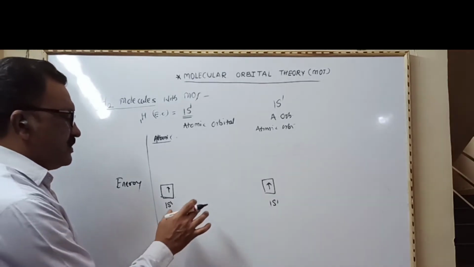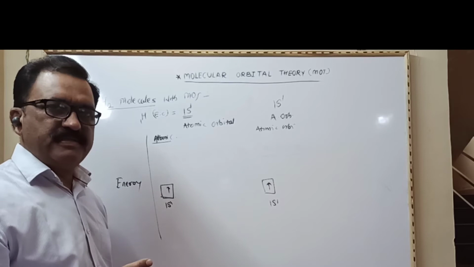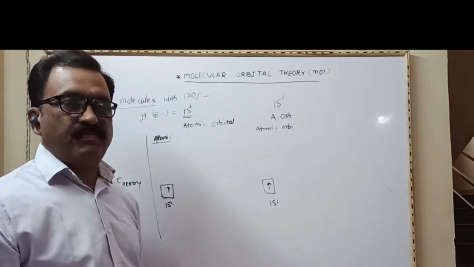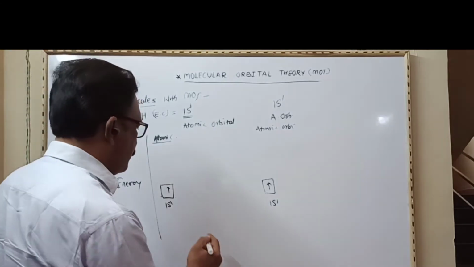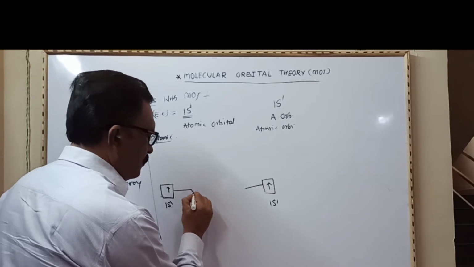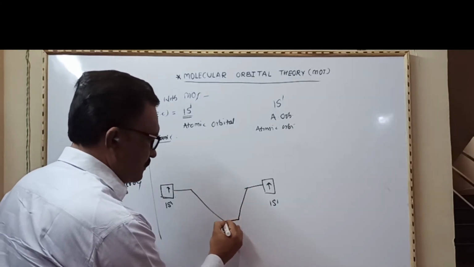When these two atomic orbitals combine by the addition or summation of wave properties, the formation of a bonding molecular orbital takes place.